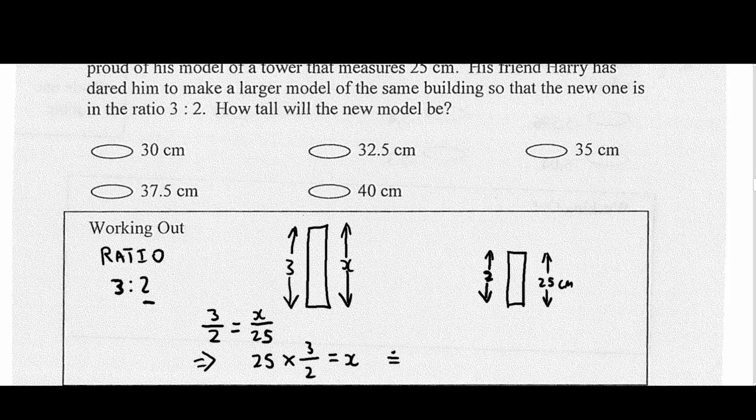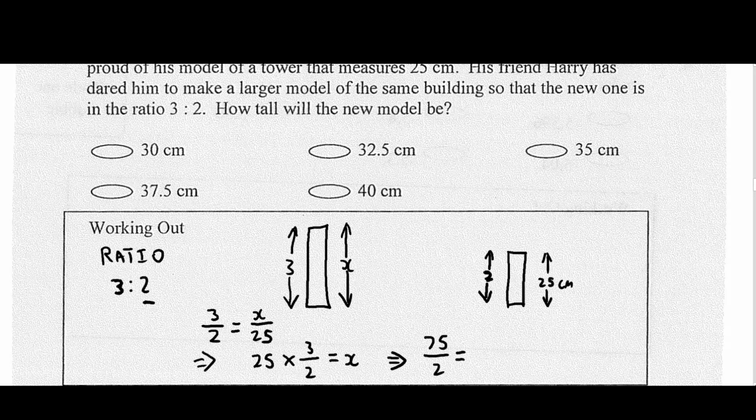Okay, so to solve this, it's pretty easy now. 25 times 3 is 75. So we're going to have 75/2. 75 divided by 2. Okay, well, 70 divided by 2 is 35.